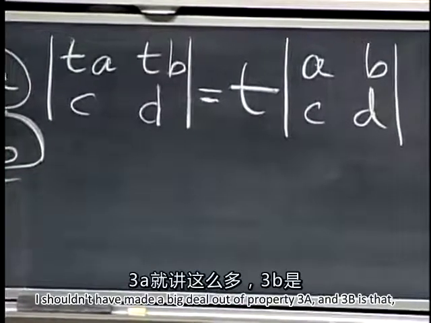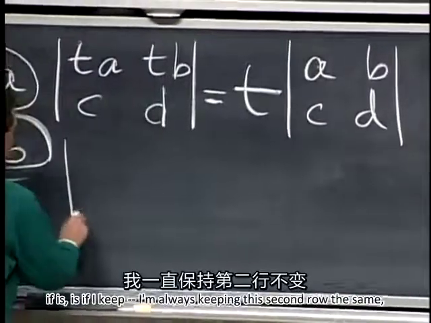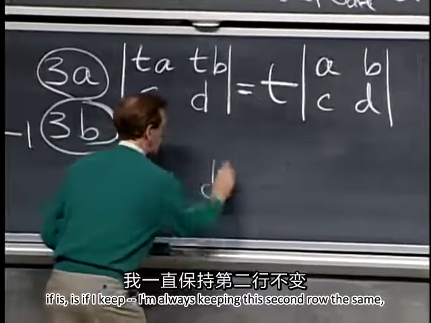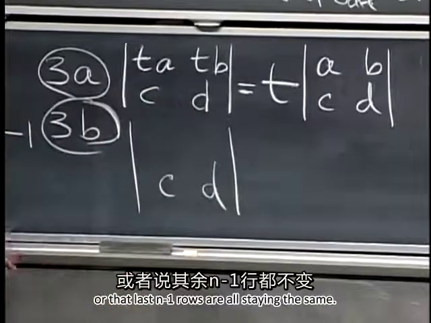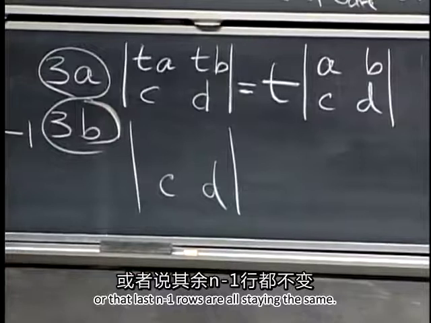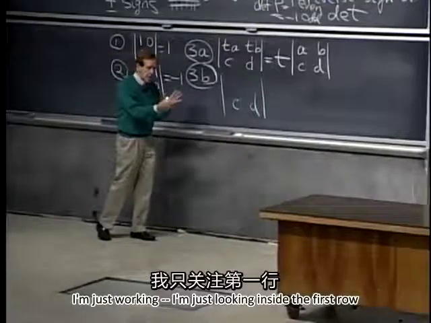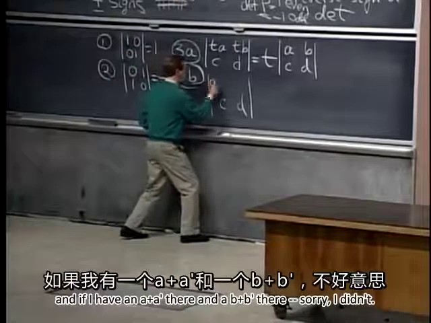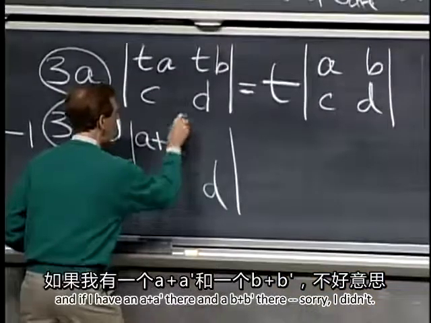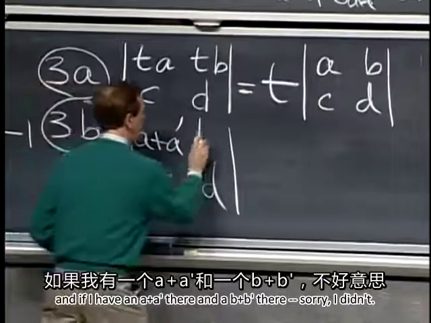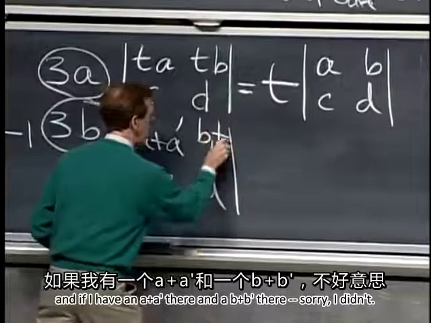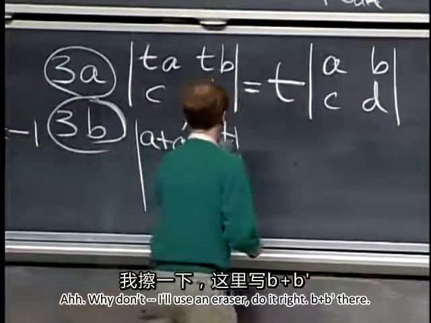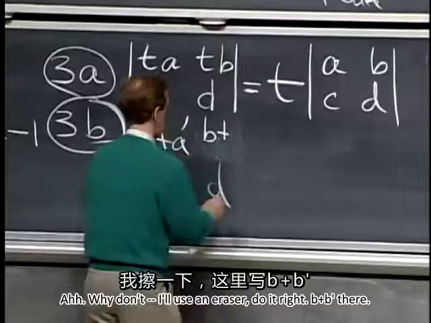And 3b is that I'm always keeping the last n minus 1 rows all staying the same. I'm just looking inside the first row, and if I have an a plus a prime there, and a b plus b prime there, why don't I use an eraser to do it right?